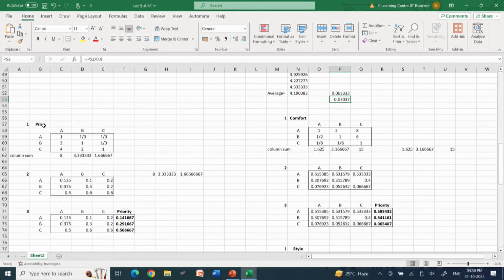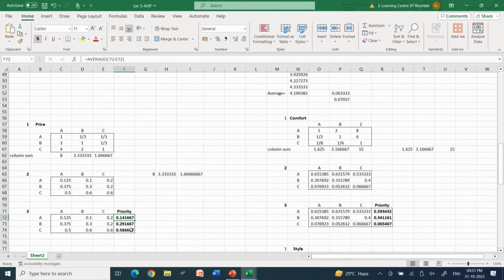For example, price is one criteria, there are 3 types of car available, A, B, C, and we do pairwise comparison. After pairwise comparison, we find the column sum, then divide each element by the column sum, then find the row average.